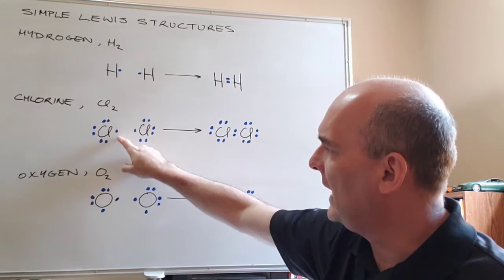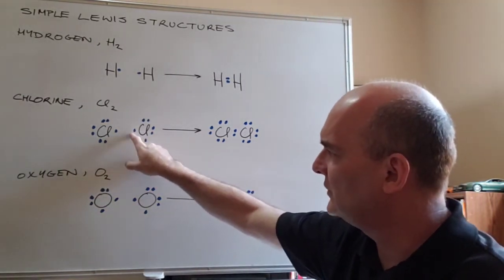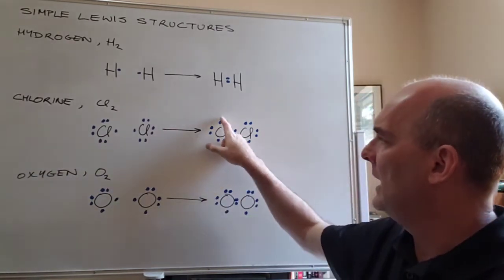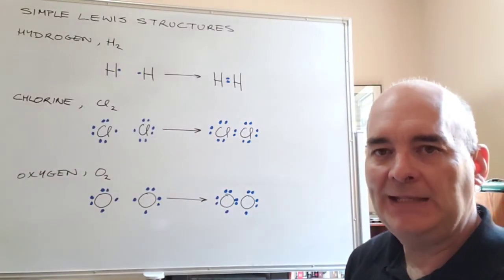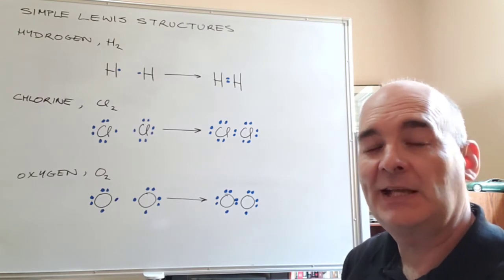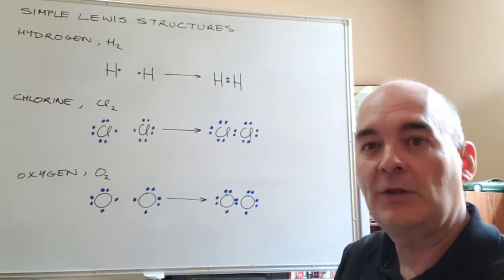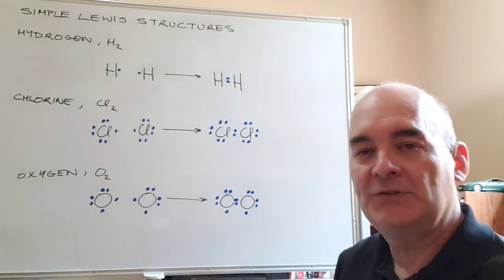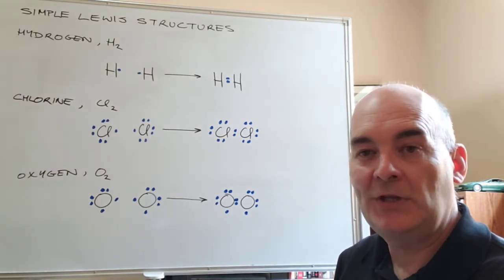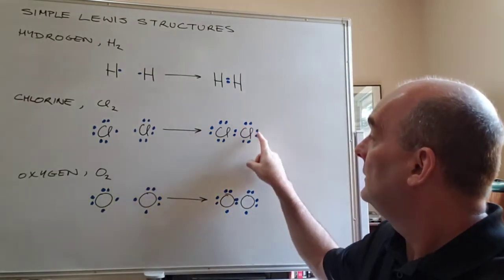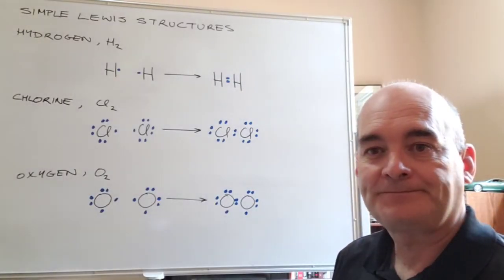So 2 chlorine atoms will combine, they'll share those unpaired electrons, and now this chlorine atom on the left is experiencing 8 valence electrons. It has satisfied something that we call the octet rule. We said that you combine atoms until you have 8 valence electrons. That's known as the octet rule. The atom on the right also satisfies the octet rule.